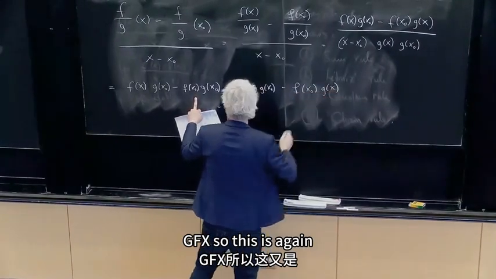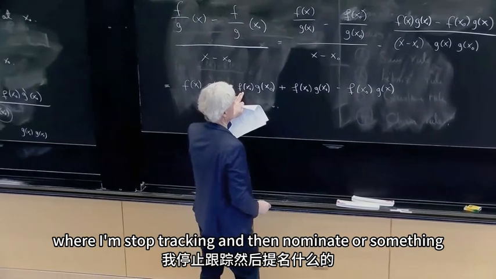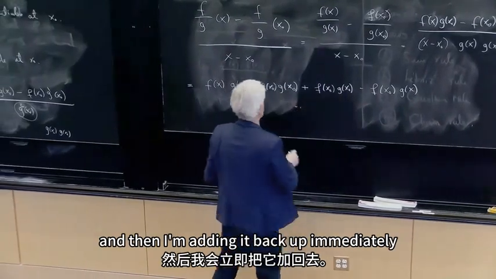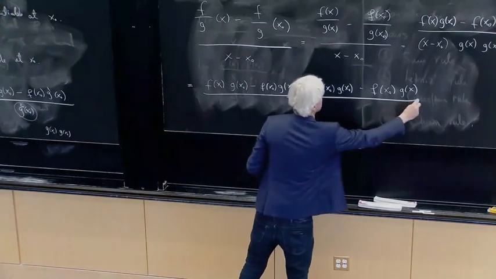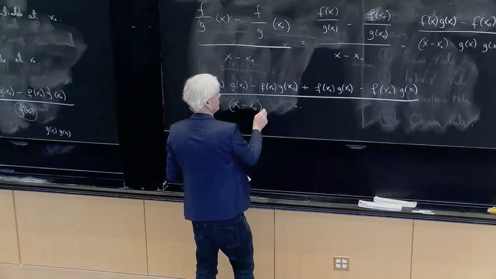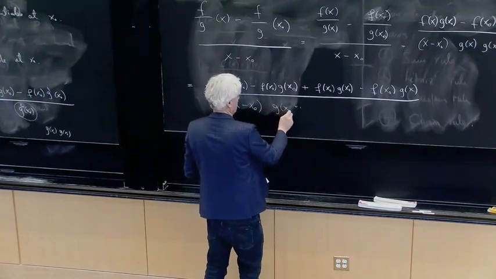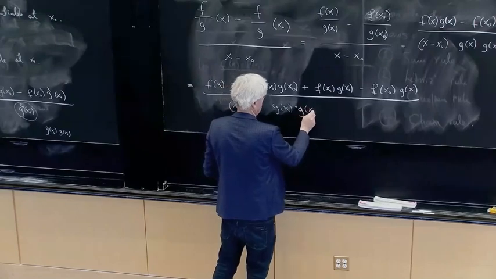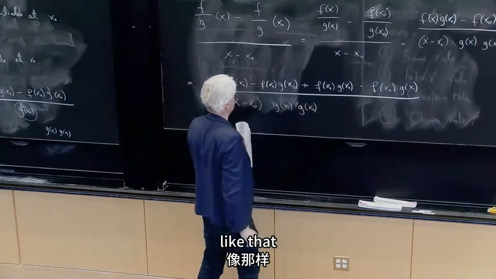So this is again where I'm subtracting in the denominator something and then I'm adding it back immediately. So I have this, like that.